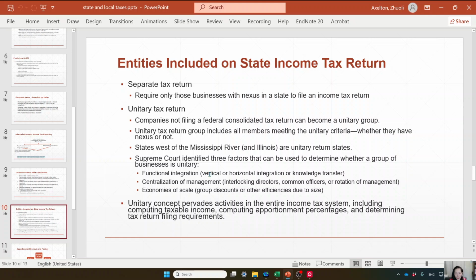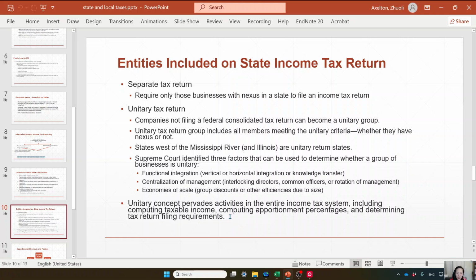These depend on functional integration, centralization of management, and economies of scale. All of these factors determine whether a group of businesses is unitary or not. The unitary concept pervades activities in the entire income tax system, including computing taxable income, computing the apportionment percentage, and determining tax return filing requirements.